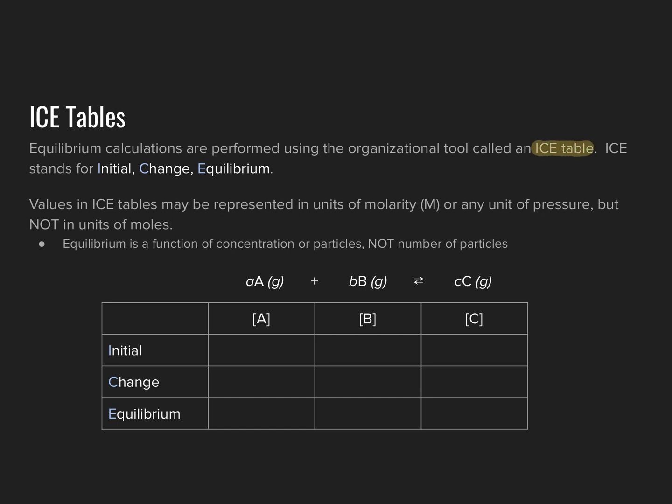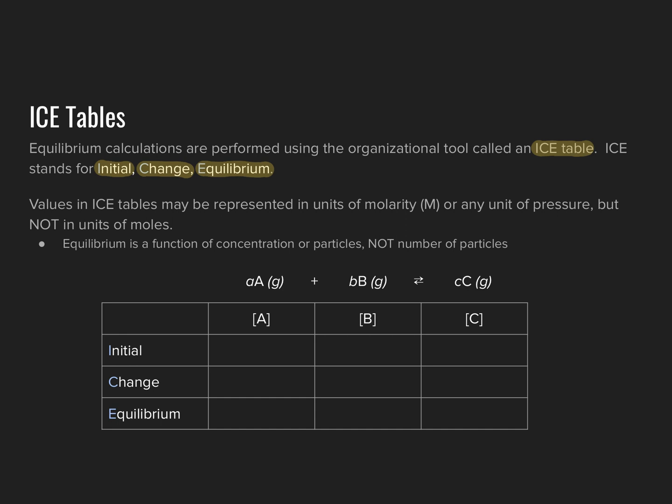An ice table is simply an organizational tool that's going to allow us to make calculations as to how the concentrations of species change in a chemical system as equilibrium is established. ICE is an acronym, standing for I for initial, C for change in concentration, and E for equilibrium concentrations of our species.